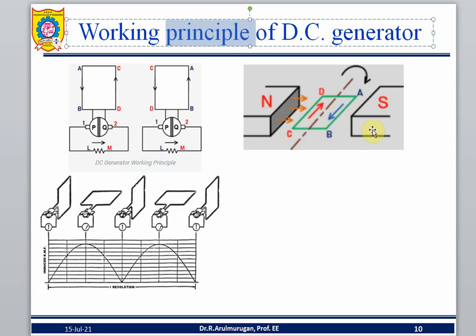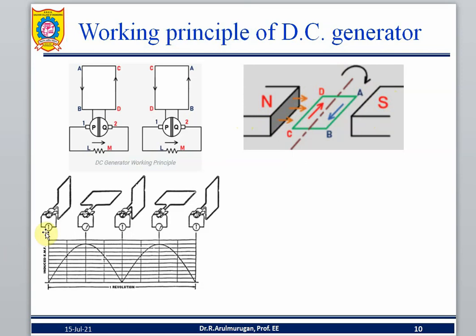In DC machines, dash coil is stationary or fixed. The fixed coil is called the field coil. The answer is the field coil.